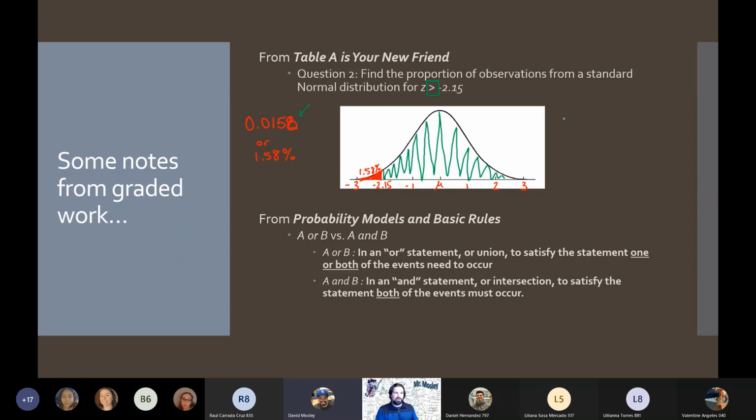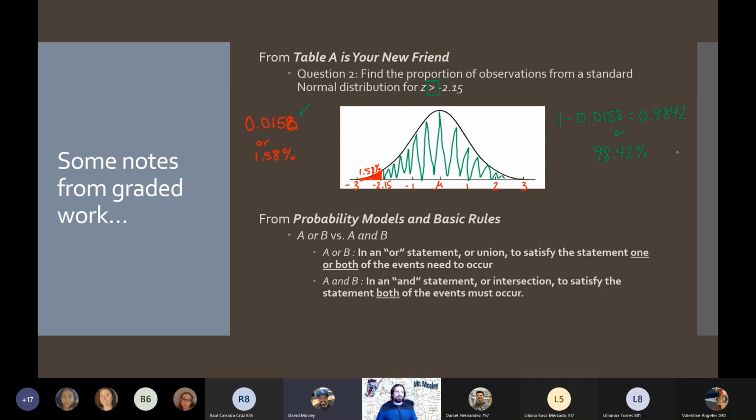So the correct proportion of observations would be 1 minus 0.0158, which is equal to 0.9842, or 98.42%.